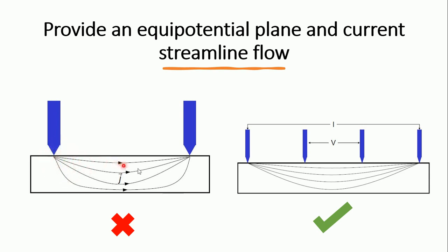So this is not an equipotential surface. But in the 4 probe measurement process, where we are measuring the voltage, the distance between lines of force is almost equal, so we get an equipotential surface in this region and can measure the voltage correctly. From there we can calculate the correct resistance of the sample.